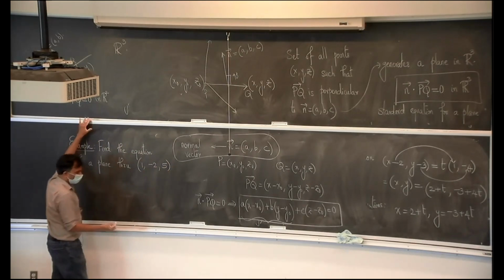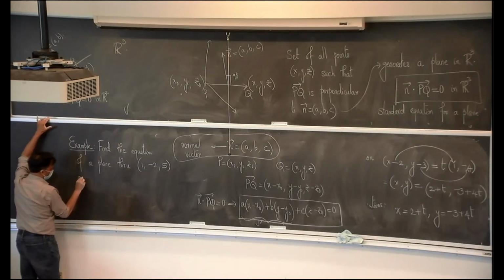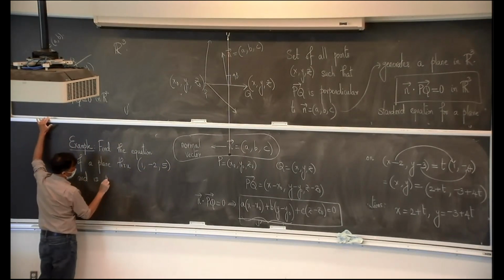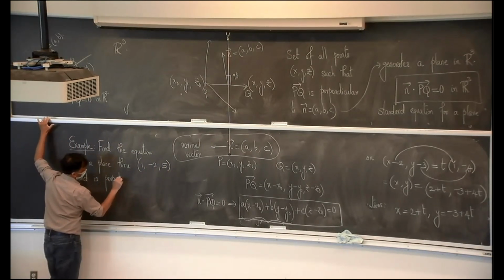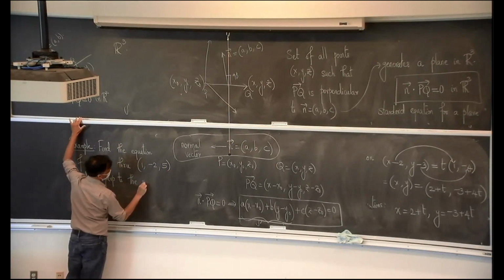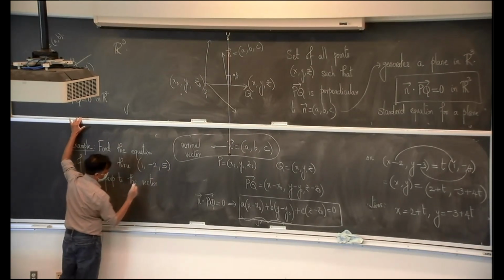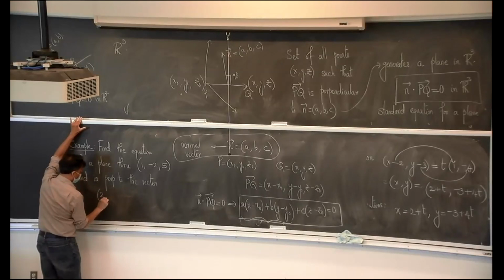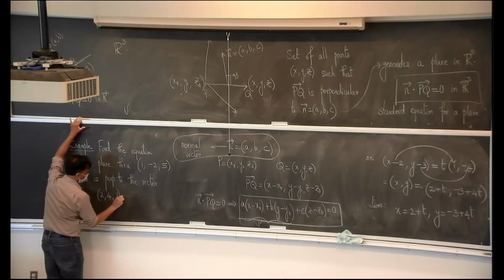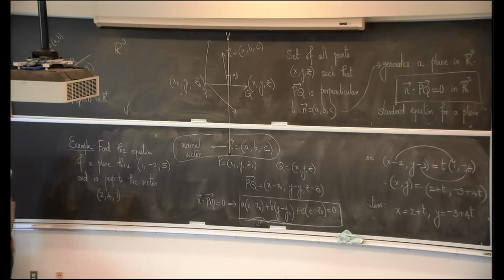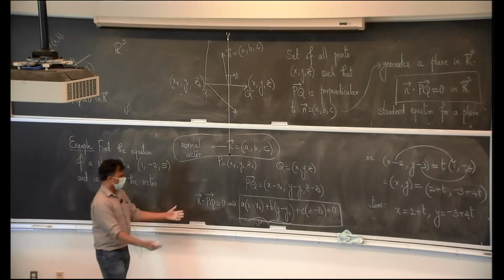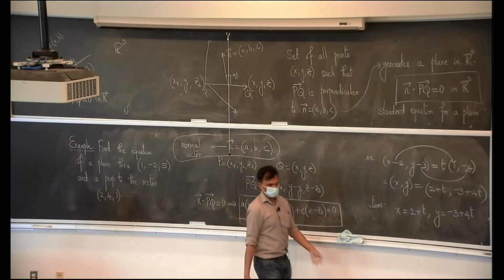So that's a point, and is perpendicular to the vector 2, 4, 7. So again, it's a very straightforward question because everything is kind of given to you on a nice plate, so you just need to eat it.